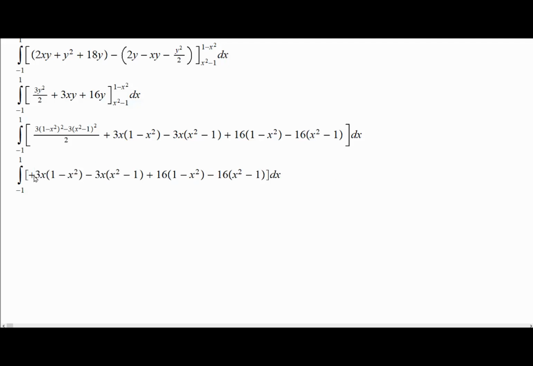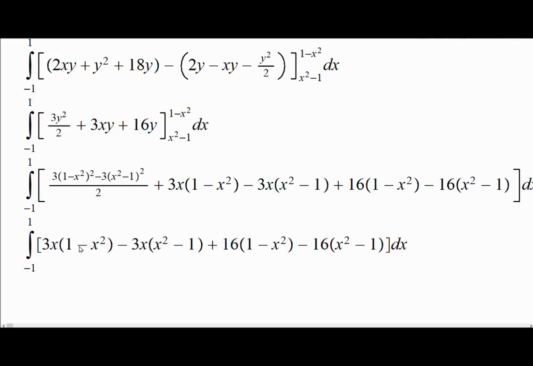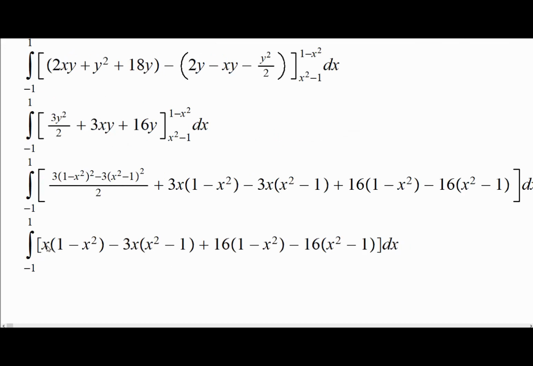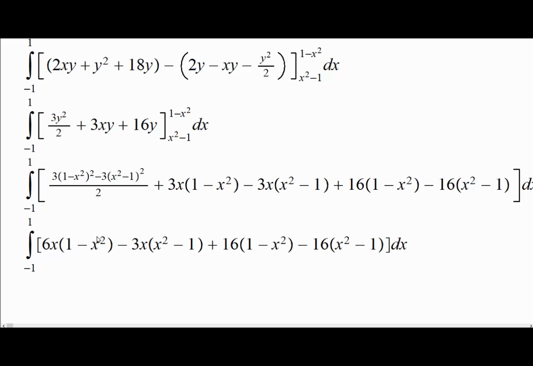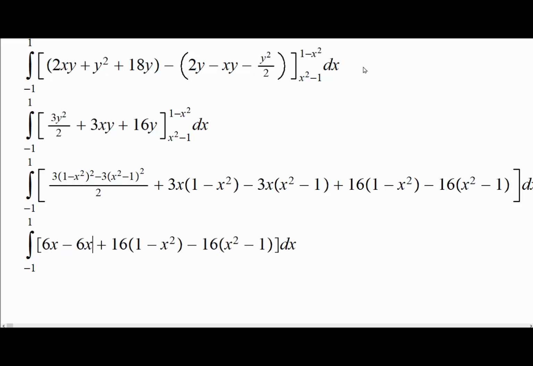Then you have 3x plus 3x here, which becomes 6x, and then negative 3x cubed and negative 3x cubed again gives negative 6x cubed.